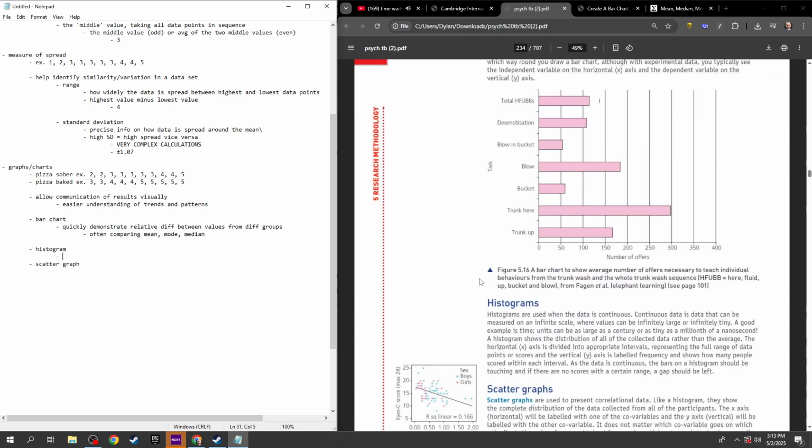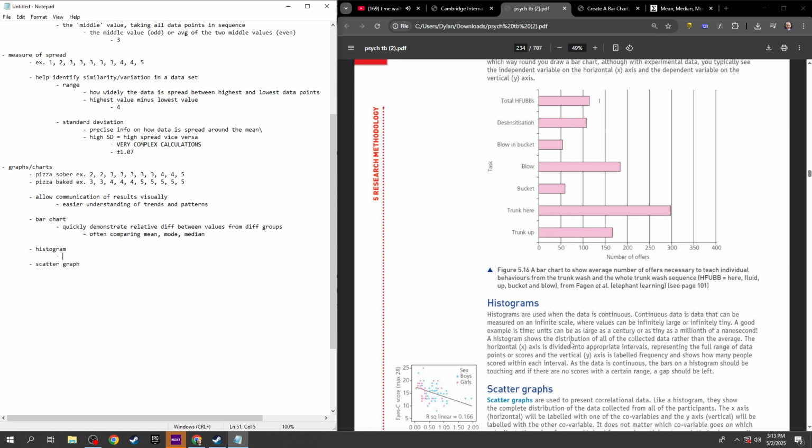What does that mean? Do I remember? Let's see. Continuous data is data that can be measured on an infinite scale where values can be infinitely large or infinitely tiny. A good example is time. Units can be as large as a century, or as tiny as a millionth of a nanosecond.